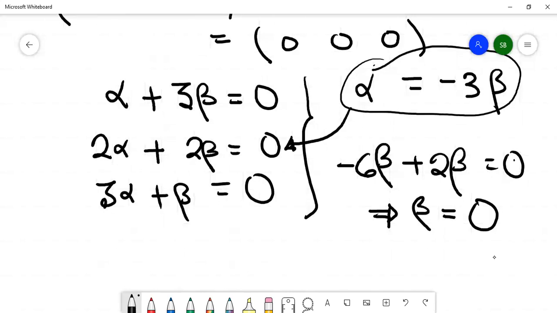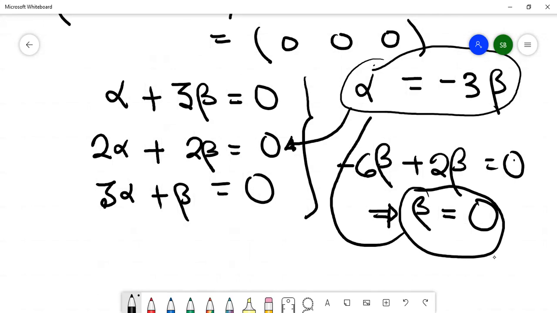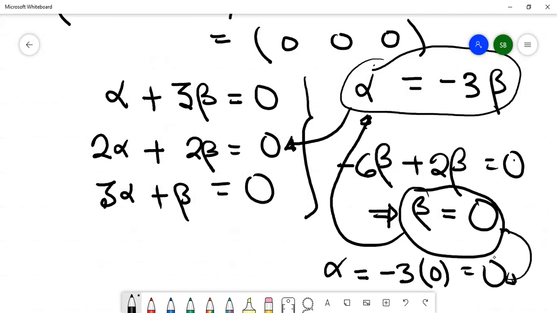Back to the first equation, alpha is minus 3 beta, which is now 0. So alpha is 0, beta is 0. But wait a minute, we have a third equation to confirm.